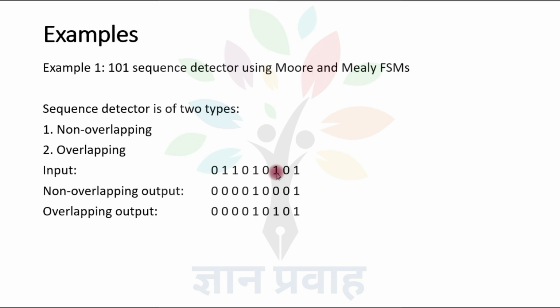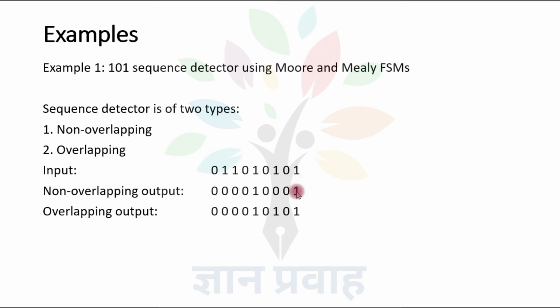When the next input bit is 0, then the 3-bit sequence is 0 1 0. It is not the desired sequence, so the output will be 0 for both cases, 0 here, 0 here. When the last input bit is 1, then the last 3-bit sequence is 101, that is the desired input sequence.